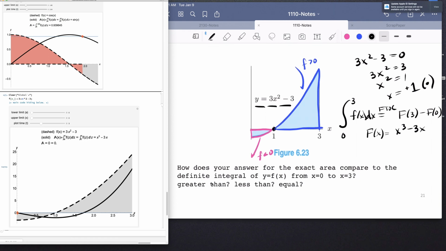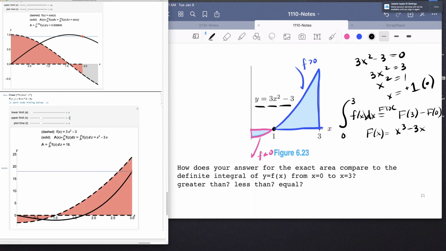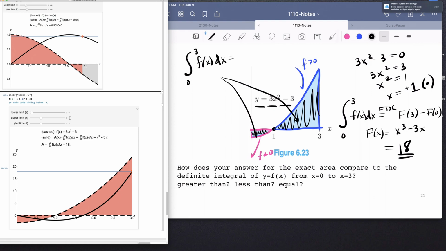Pretty easy to plug in the values, and once you do that, you get a definite integral with a value of 18. So 18 is the definite integral from 0 to 3, a positive 18.